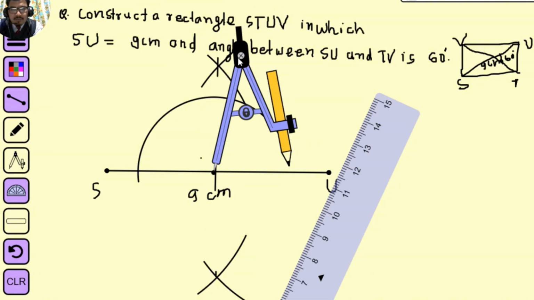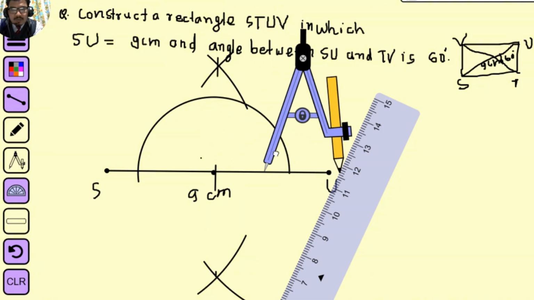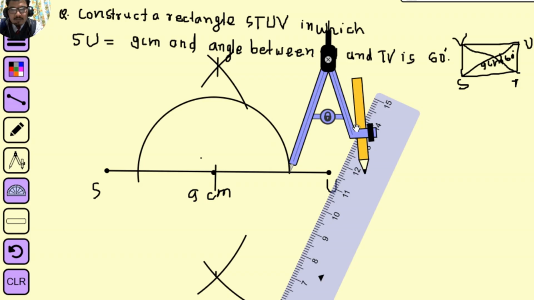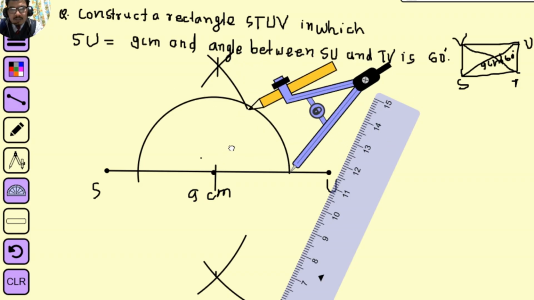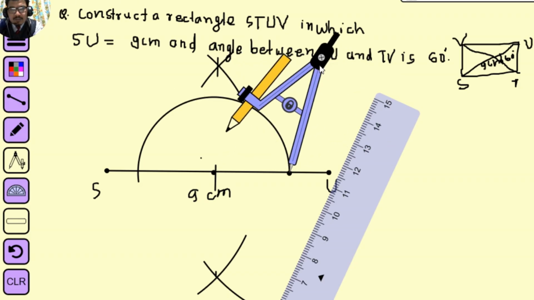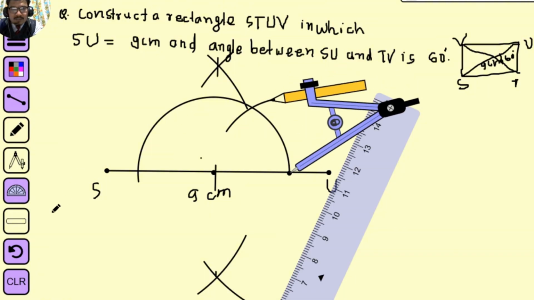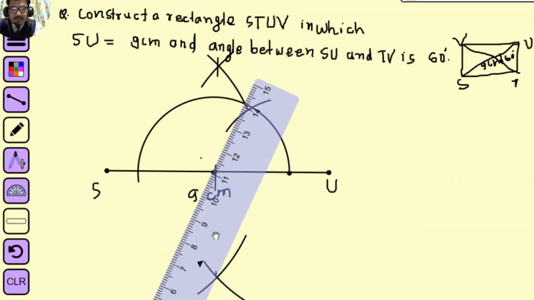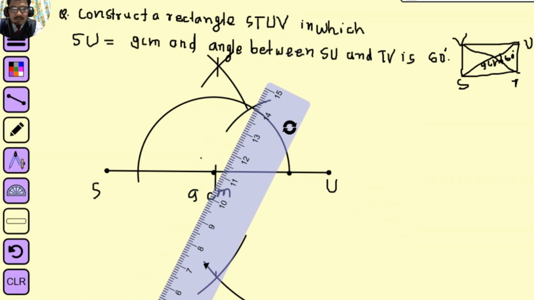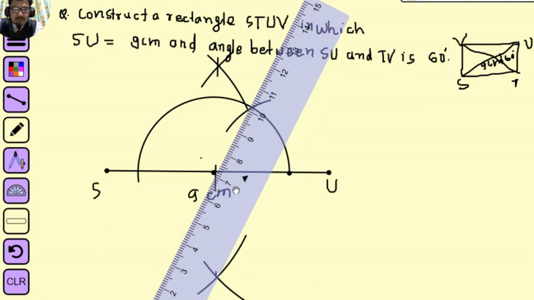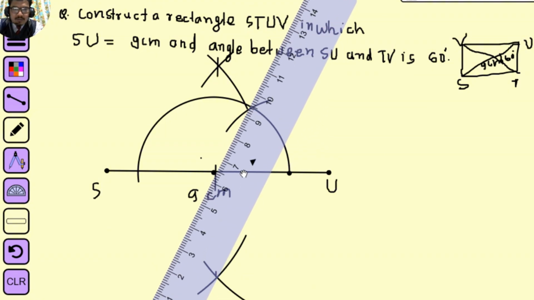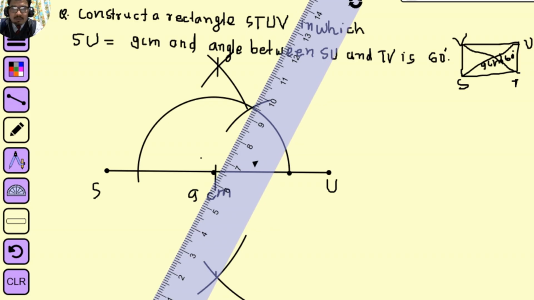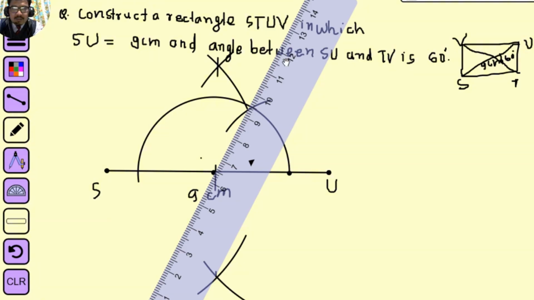We have to put the compass at 0 degree because we are cutting another arc for 60 degree, because the angle between the two diagonals is given as 60 degree. Now let's join it. This one is 60 degree. Put the ruler straight, down and up, like this.